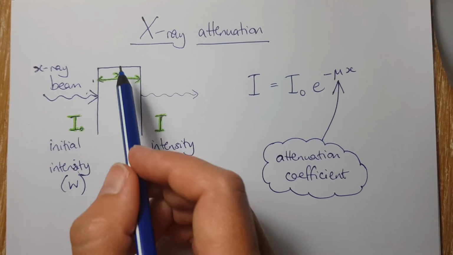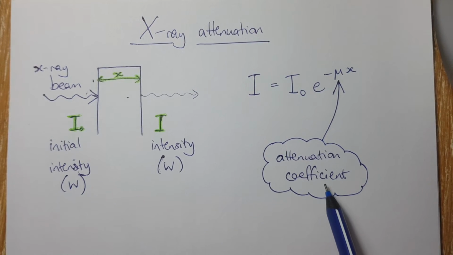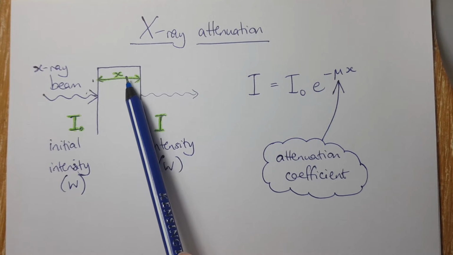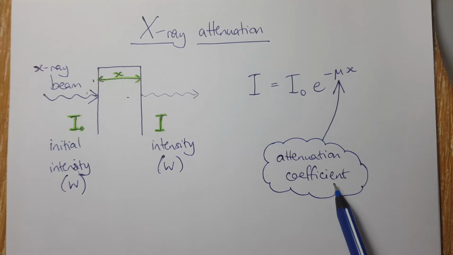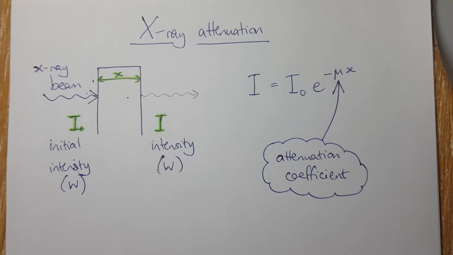Okay, if x is measured in meters, then the attenuation coefficient is measured in meters to the -1. But often you'll see x measured in centimeters, and then the attenuation coefficient needs to be centimeters to the -1. It doesn't matter as long as when you multiply them together, there are no units up there.